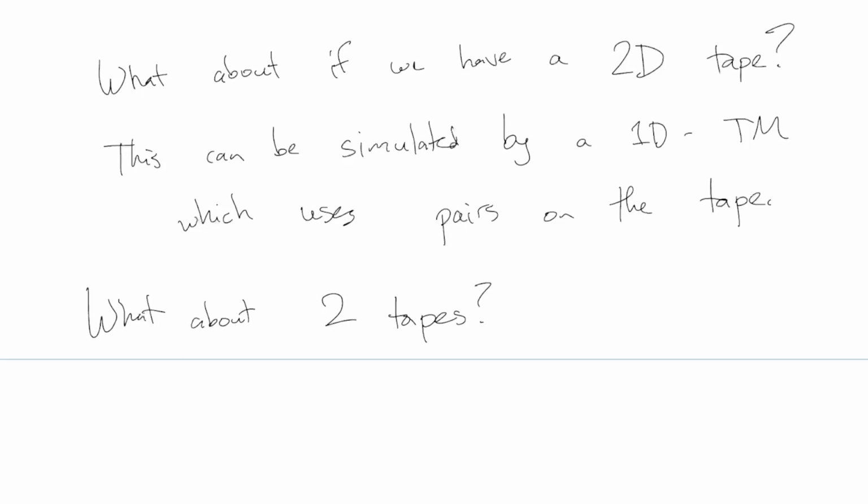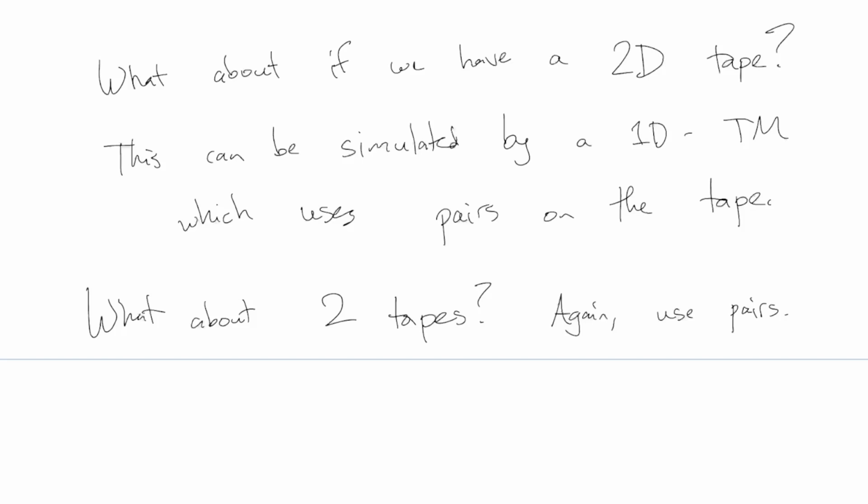Again, this can be simulated using a tape with pairs written on it. You just have to keep track of both tapes at once. But if you're using pairs on your one single tape, there's no problem. So again, use pairs. You'd have to work out the details slightly differently, but none of these are actually different types of machines.